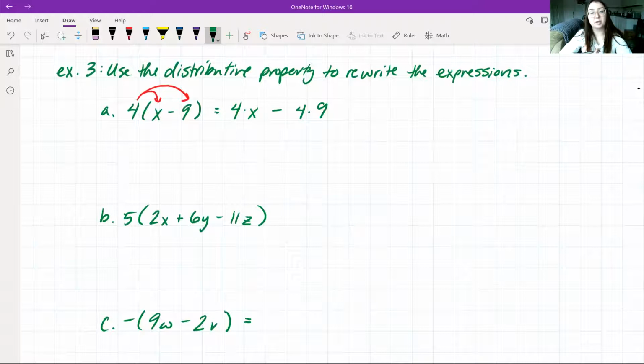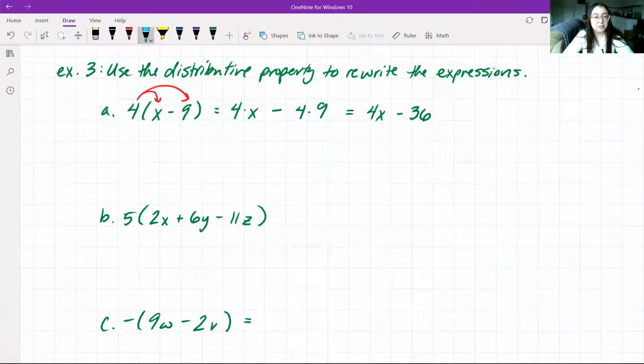And now we just want to simplify. 4 times x, we can just rewrite as 4x, minus 4 times 9. And in this case, 4 times 9 is equal to 36. So this will be our final, most simplified answer here.